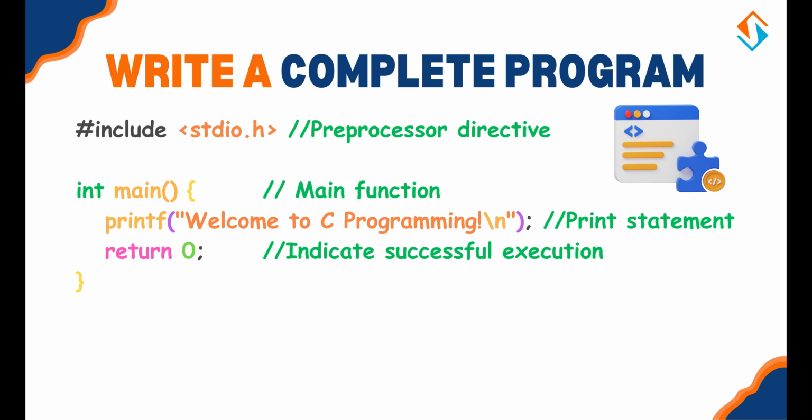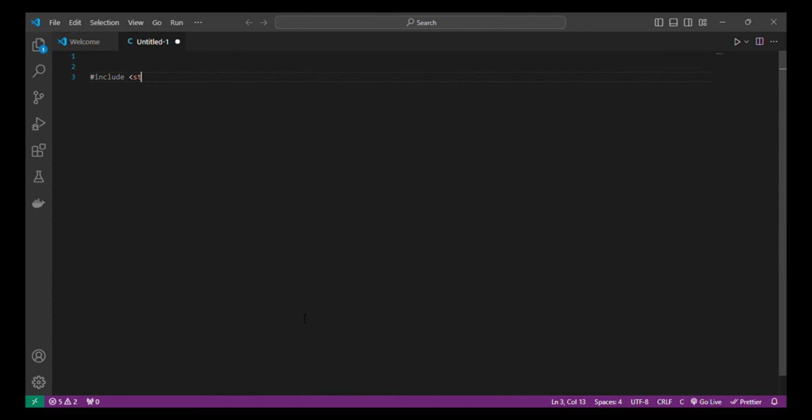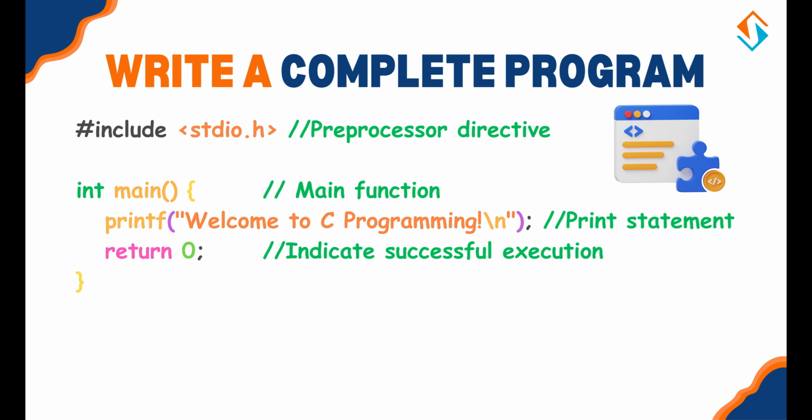Writing a complete program. Now that you understand the basics, let's write a complete program from scratch. We'll combine everything we've learned so far. The #include <stdio.h> directive includes the header file for the printf function.